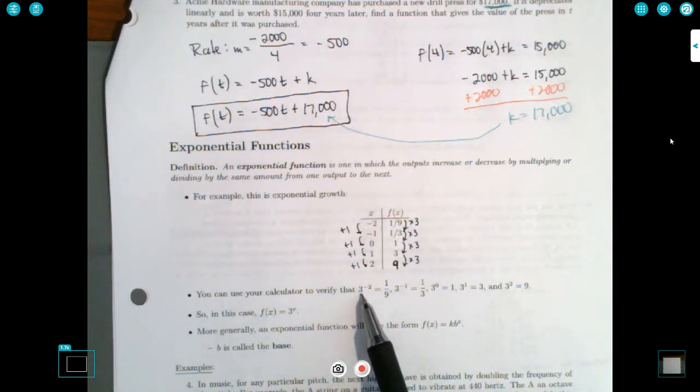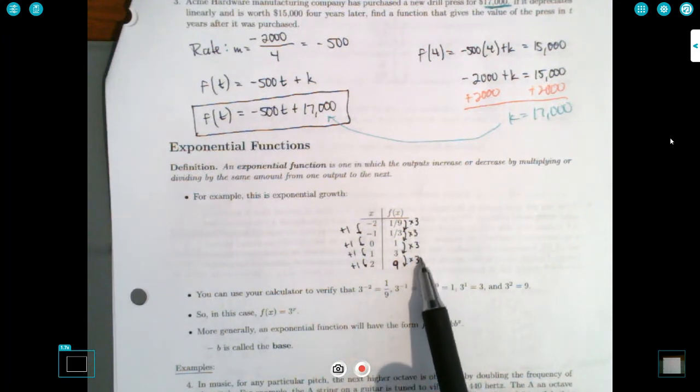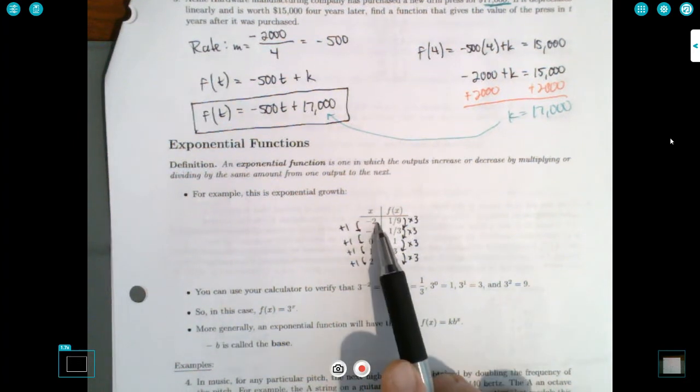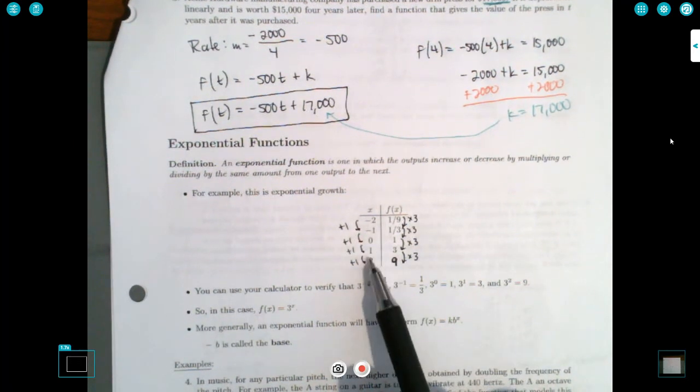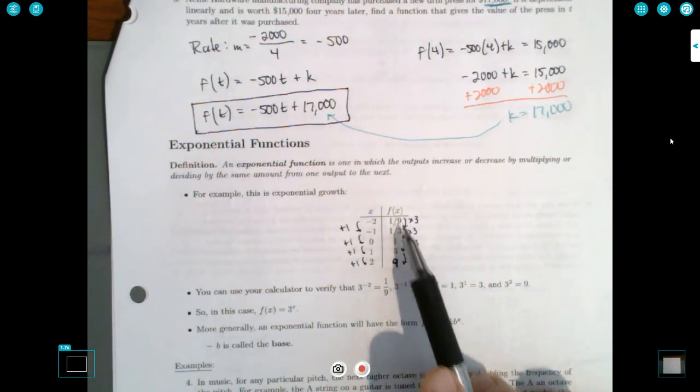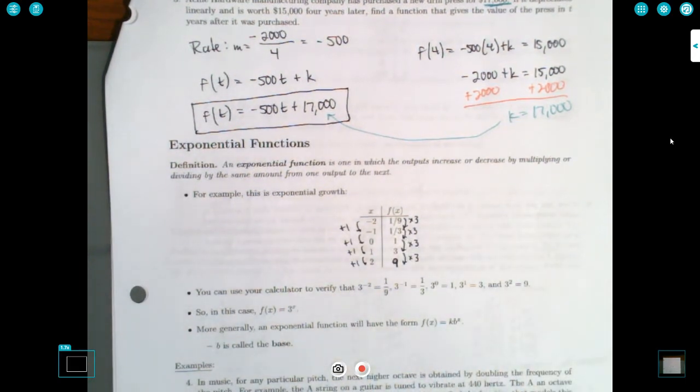So notice that this thing that you're multiplying by each time, you just take that number and raise it to the power of your input, and that gets you your outputs. So in this case, we would say f of x is 3 to the x. You put your inputs in here, and that gets you your output.